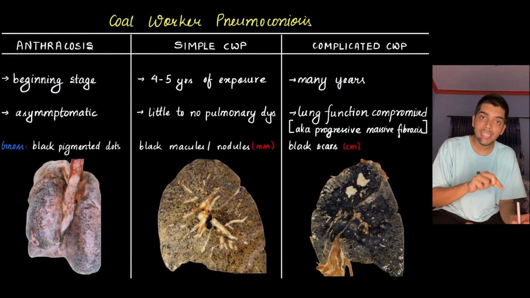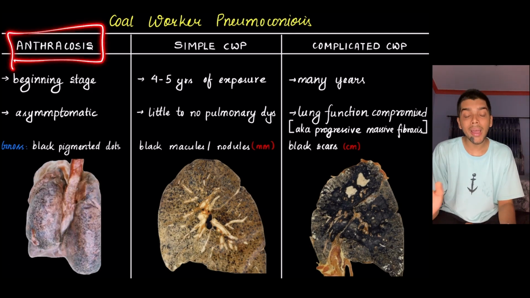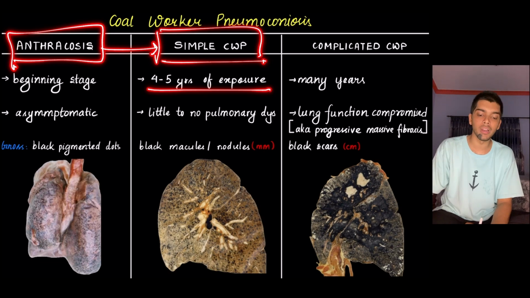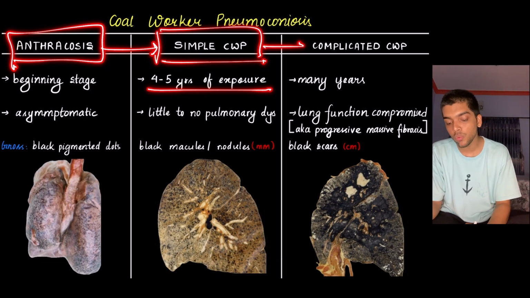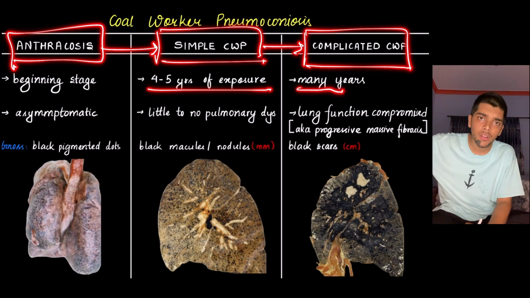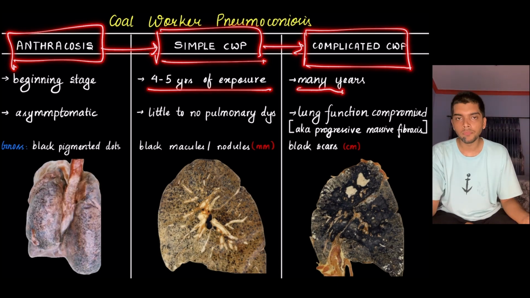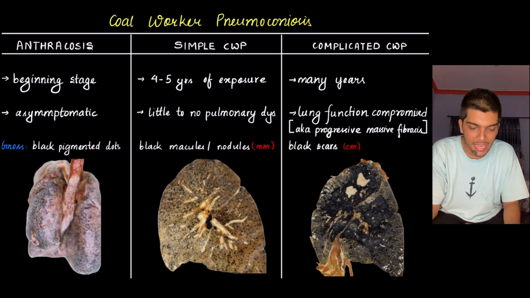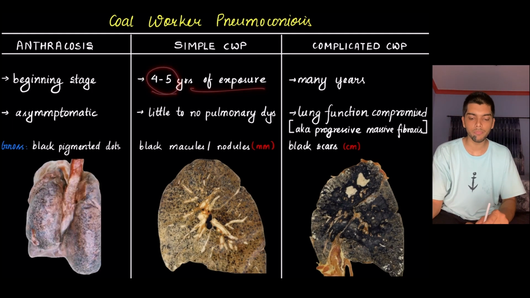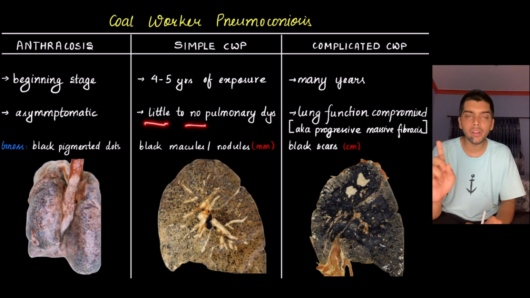Anthracosis worsens into simple coal worker pneumoconiosis upon 4 to 5 years of exposure, and simple coal worker pneumoconiosis worsens into complicated coal worker pneumoconiosis upon many years of exposure. So the beginning stage is anthracosis, which is asymptomatic. Then there's simple coal worker pneumoconiosis upon 4 to 5 years of exposure, where there is little to no pulmonary dysfunction.